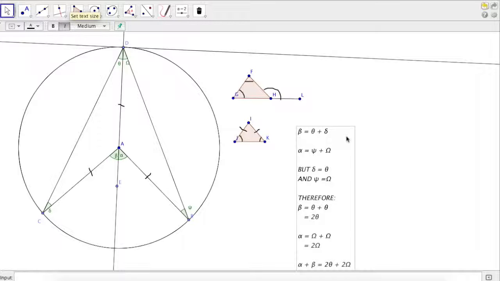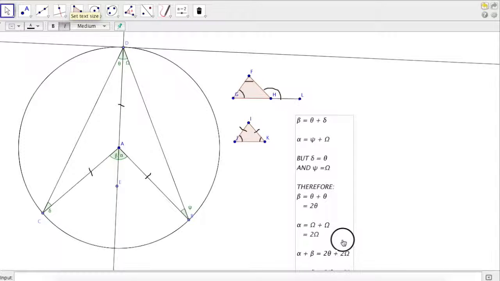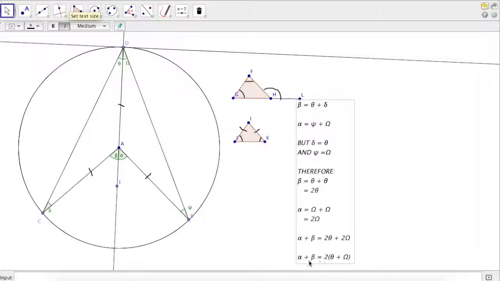Now, 2 is common in both terms, 2 theta plus 2 omega. So we can use algebra and factorize the 2 out. So we can say that alpha plus beta is equal to 2 times (theta plus omega). Now, alpha plus beta is the angle at the center of the circle, and theta plus omega is the angle that is at the circumference of the circle.